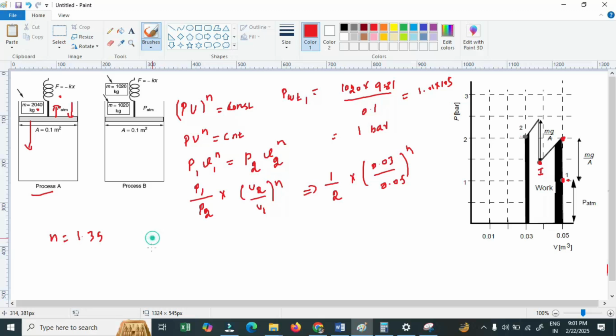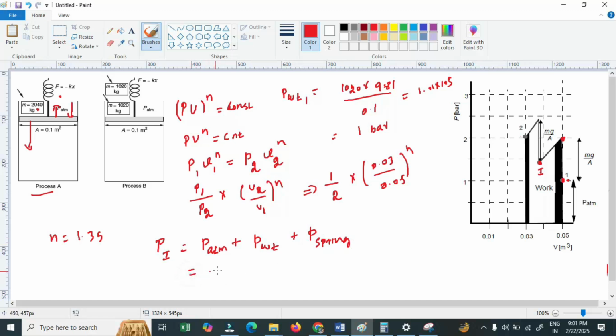So the pressure at the intermediate state, Pi, is equal to the atmospheric pressure plus the pressure due to the weight plus the pressure due to the spring.